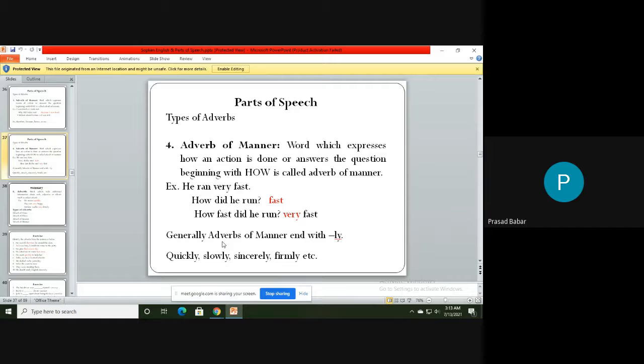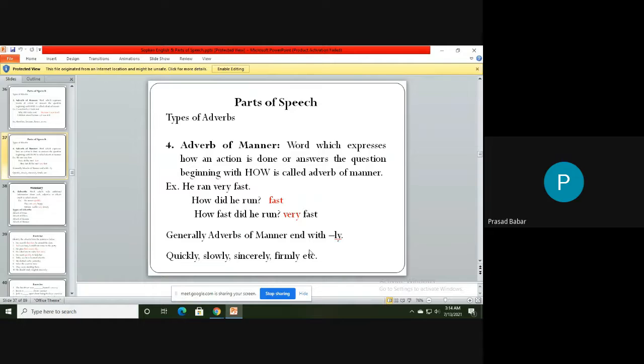So, generally, adverbs of manner end with ly. Okay, generally what happens? An adverb of manner ends with the ly suffix. If we find that there is ly after the word, then that word will be easily identified as an adverb of manner.